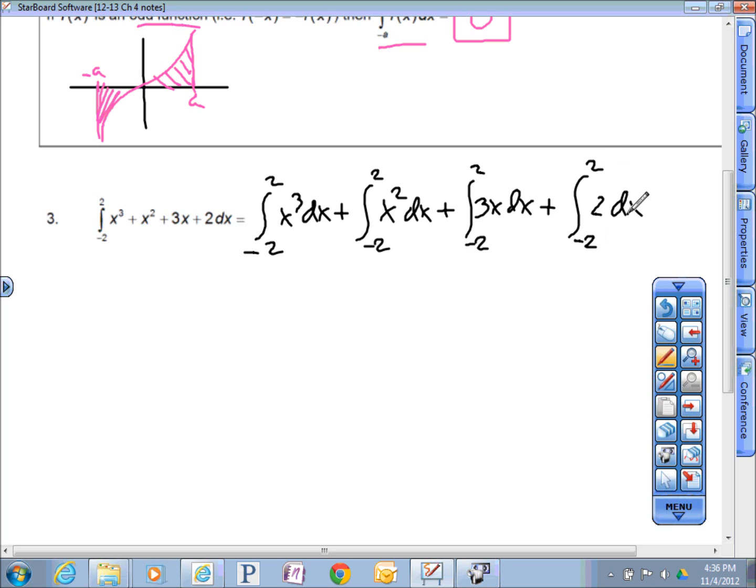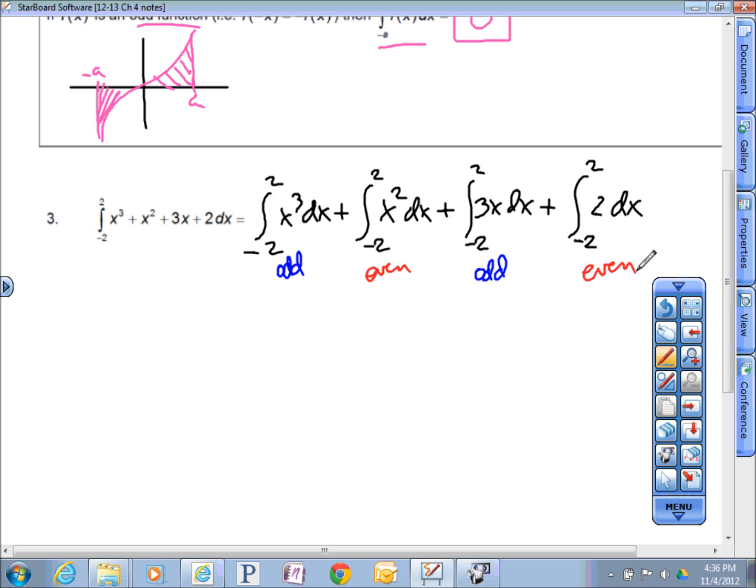Now, instead of asking one question about the whole thing, what about these individual ones? Well, x cubed is definitely odd. 3x is definitely odd. X squared is definitely even, and 2 is even. So you've got 2 odd ones and 2 even ones.